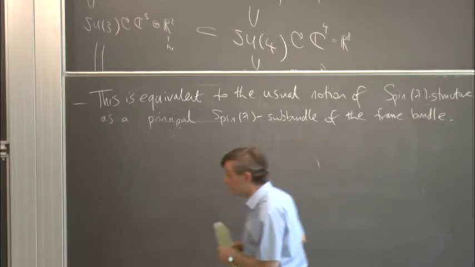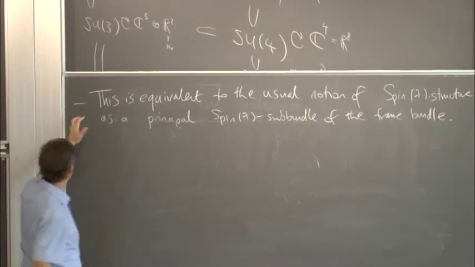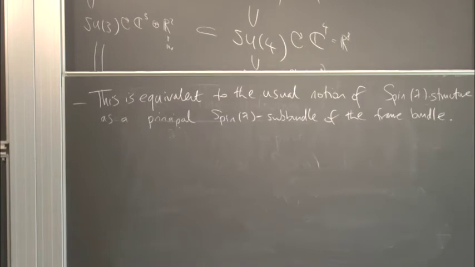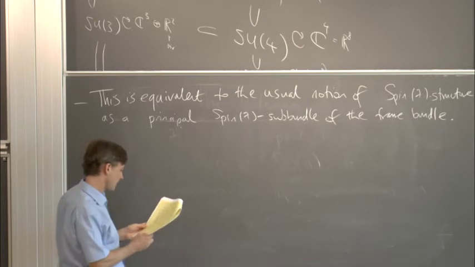So equivalent in the sense that there's a one-to-one correspondence between Spin(7) structures in that sense and Spin(7) structures in this sense. Also, you don't need to include g in this because the 4-form omega determines g, depending only on big omega. So if you've got omega, you can reconstruct g, though not in a terribly obvious way. But it's just convenient to have the pair there, just for notational reasons.